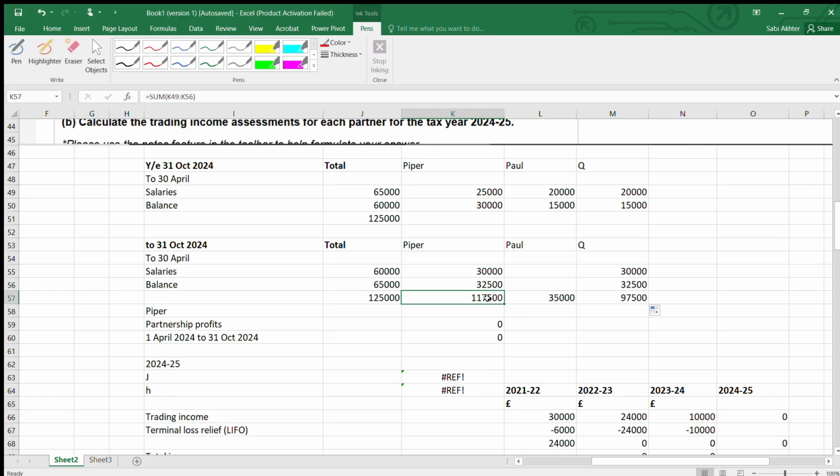This is the profit till 31st October 2024. This one. So now, here when we are taking, it is this into how many months? From 1st April to 31st October, it is 7 months.